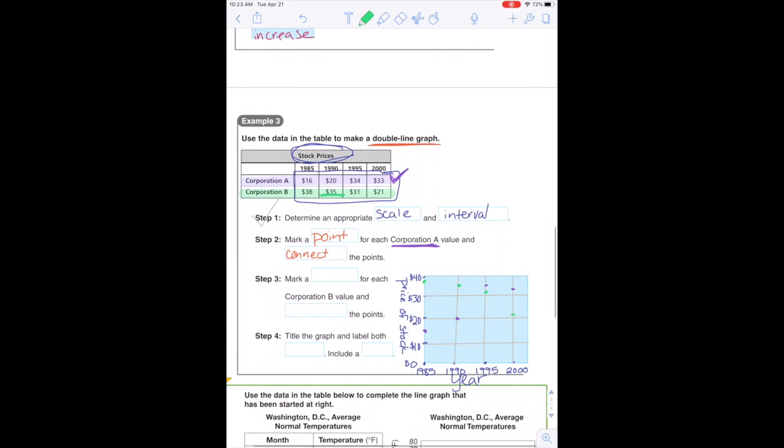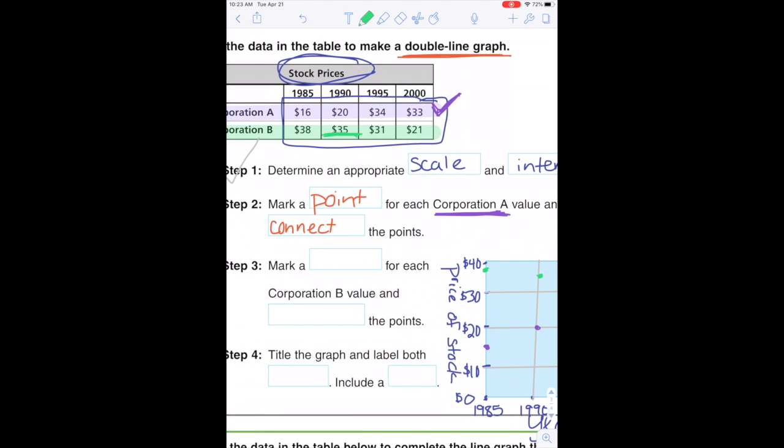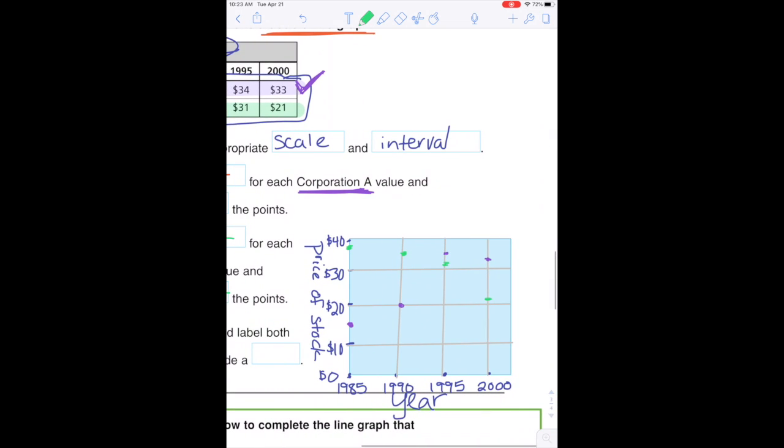All right, so for step 3 here, we were going to mark a point similarly, and our last step, we have to make sure to connect them. So let's go through with our green first and connect. What's that one?